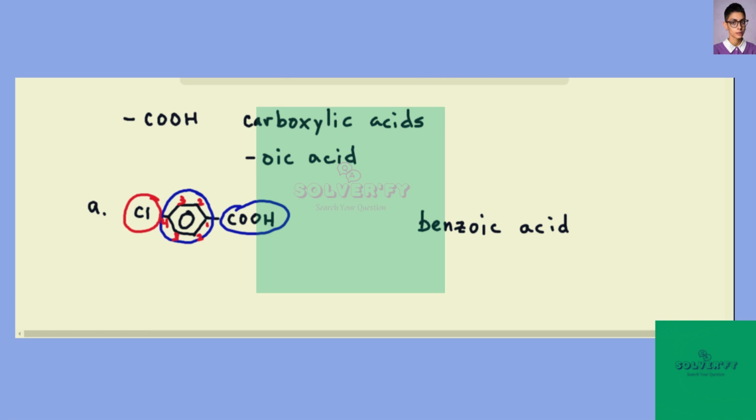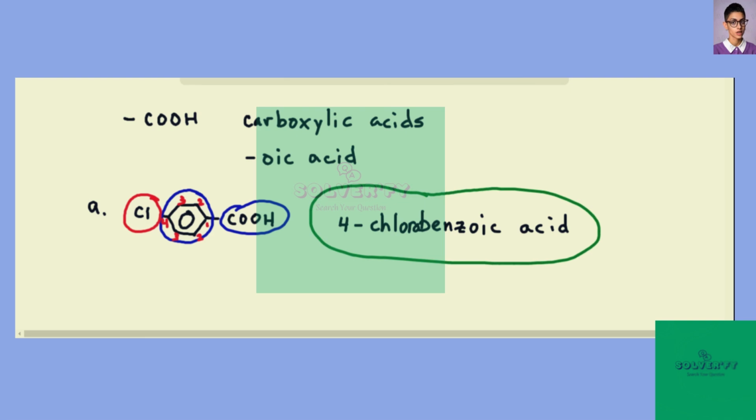So we need to name that also, and since it is on the 4th carbon, we have to give it an address, and then we use the root of its word, chloro. So what we get is 4-chlorobenzoic acid, and that is the correct name of this, 4-chlorobenzoic acid. Let's move on to letter B.